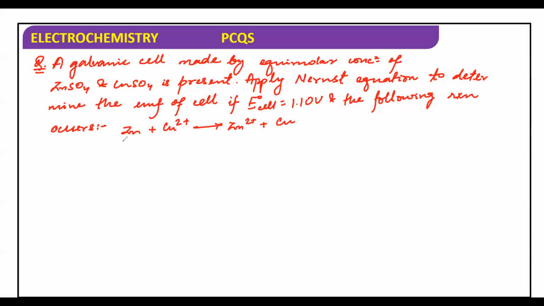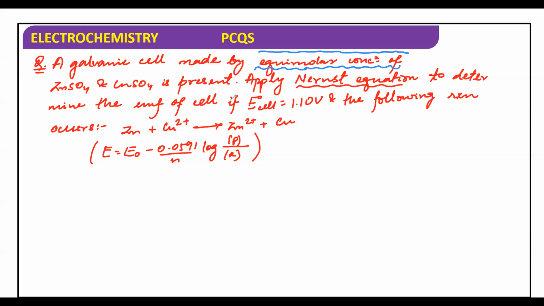Copper. Okay, so much story they have given, right? Especially it is said to apply the Nernst equation, and maybe they may even give you the Nernst equation: E is equal to E naught minus 0.0591 upon n log of concentration of the product upon the concentration of the reactant. They may also give you the equation and everything in order to confuse you and distract you from this particular sentence, equimolar concentration.